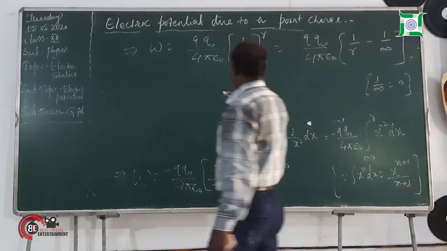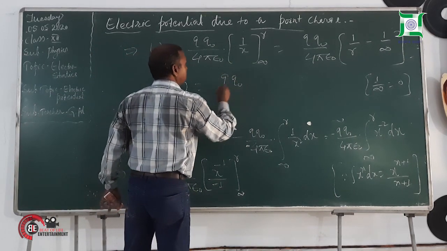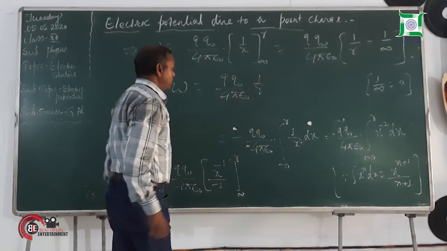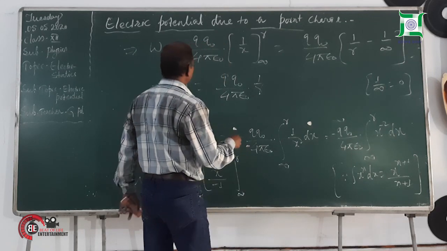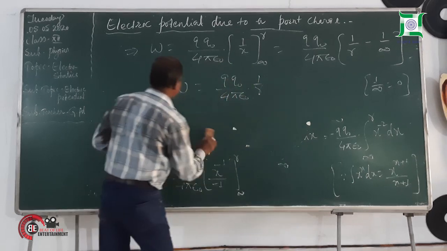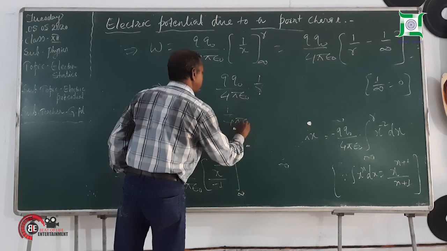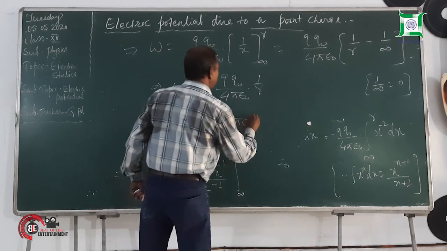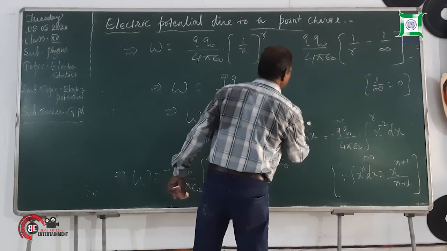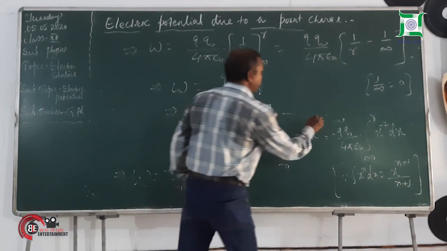So work done is equal to Q naught upon 4 pi epsilon naught into 1 by r, or we can write work done is equal to 1 by 4 pi epsilon naught into Q naught by r. This we consider as equation number 3.